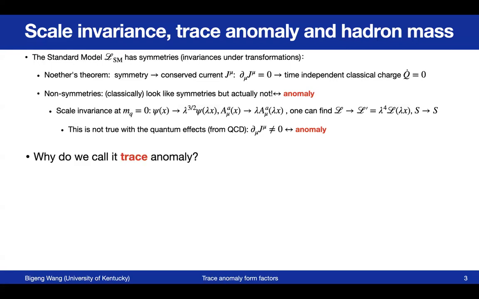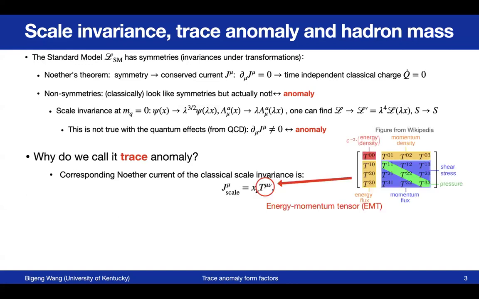So why do we call this the trace anomaly? Because if we look at the expression of the Noether current, it is just a product of the coordinate x times T mu nu, the energy momentum tensor, which includes a lot of useful mechanical properties.